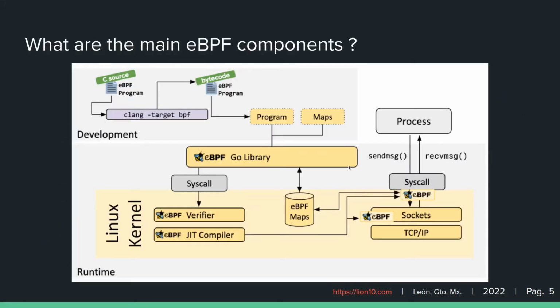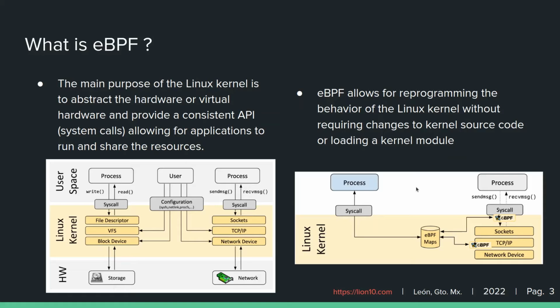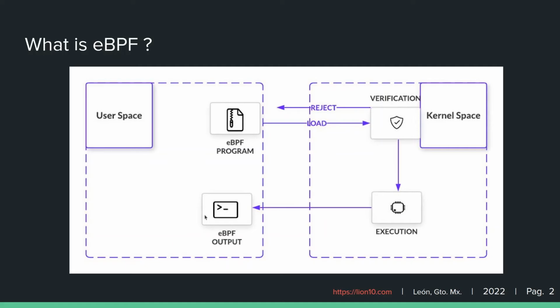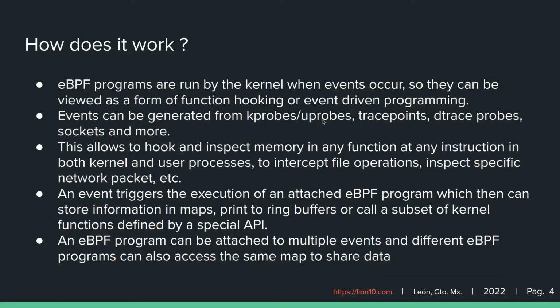You can hook it at the syscall level or at the TCP/IP level. Maybe you can set up a probe further down in the network stack, or anywhere you like, such as when opening a file. You can trigger an event that's attached to a BPF program anywhere in the stack.